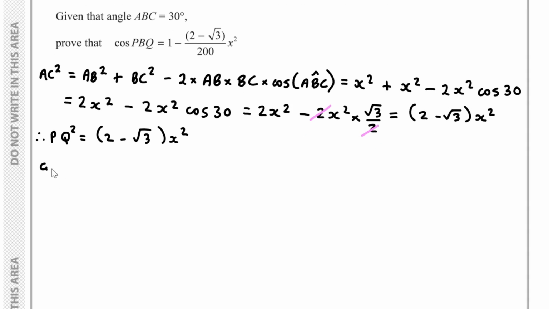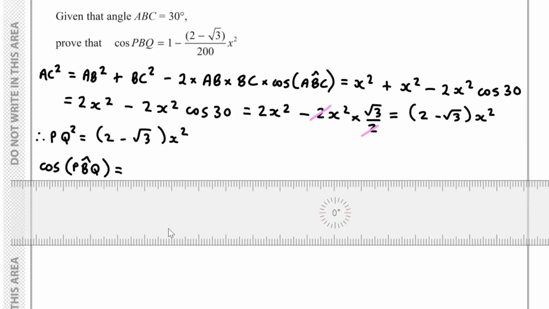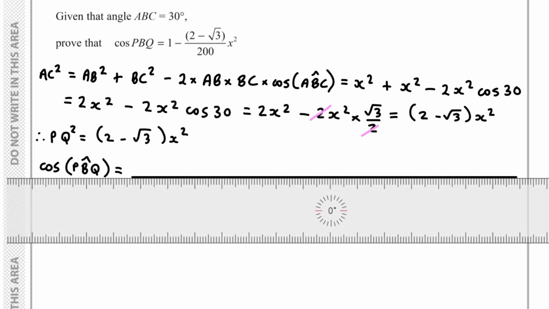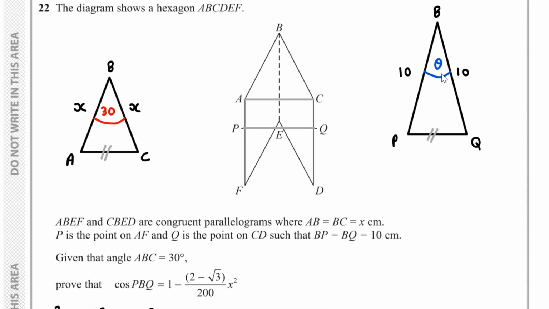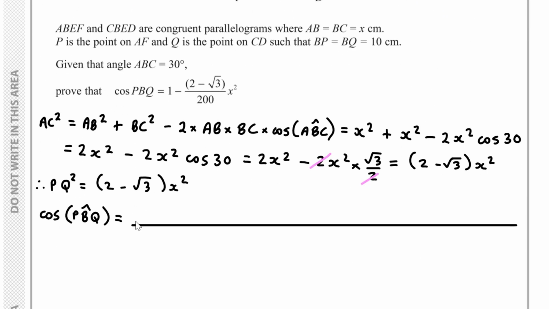So I've got the cosine of the angle PBQ, which is equal to, if I just grab my ruler, well here we've got PB squared plus BQ squared minus PQ all squared over 2 multiplied by PB multiplied by BQ.